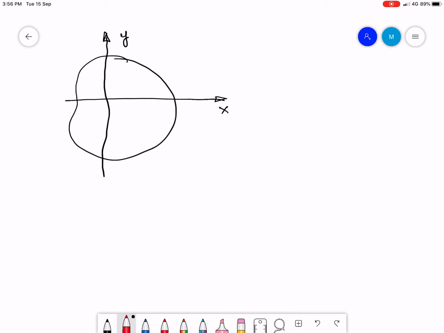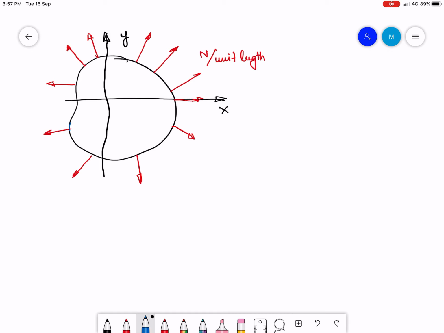So, all along the edge there is a force in the normal direction which is N per unit length, that is acting all along the edge of the membrane, and this entire edge is supported so that there is no out of plane deformation of this edge.